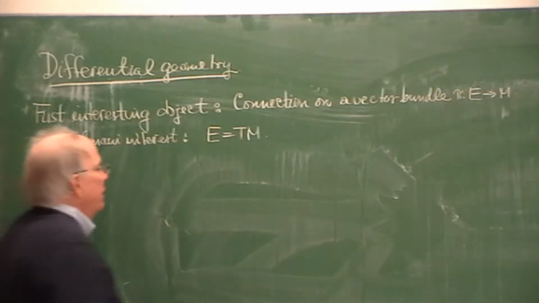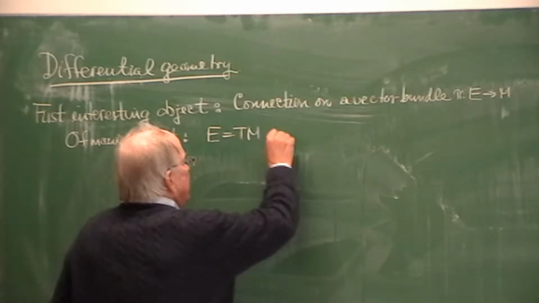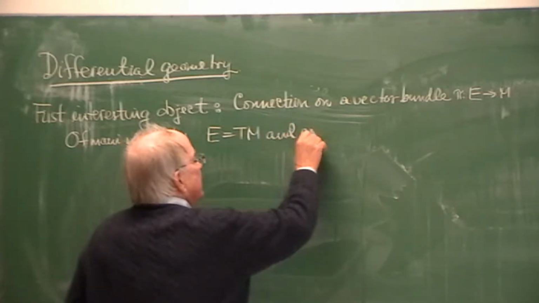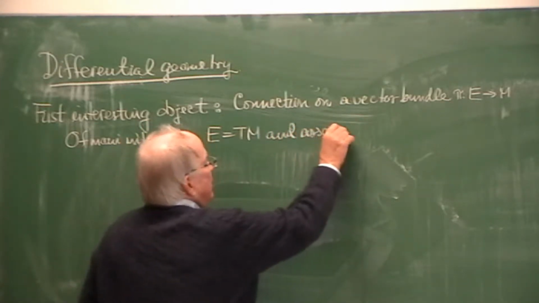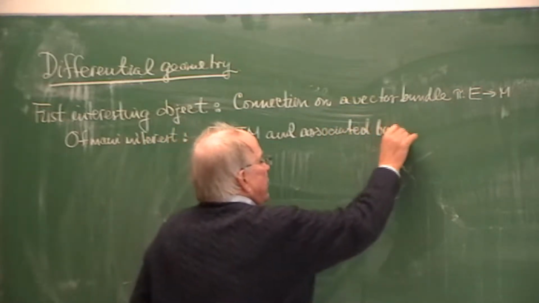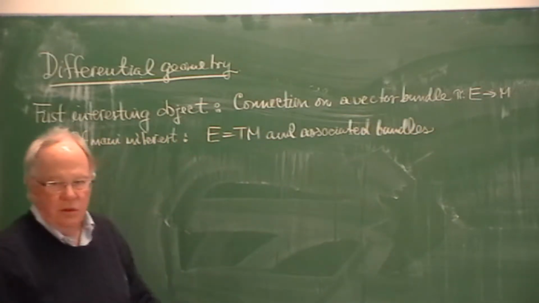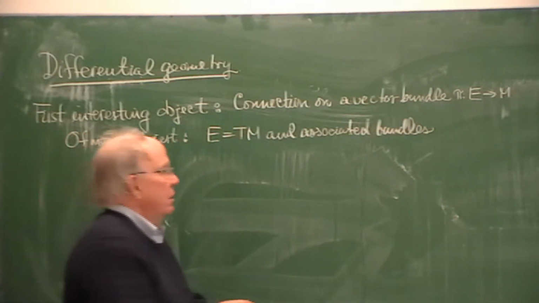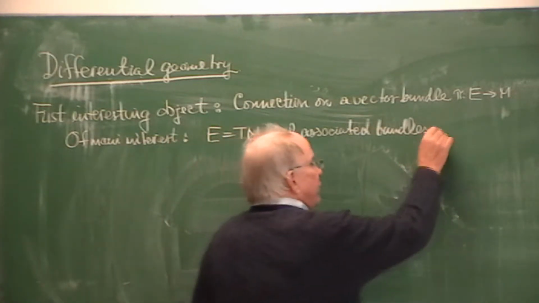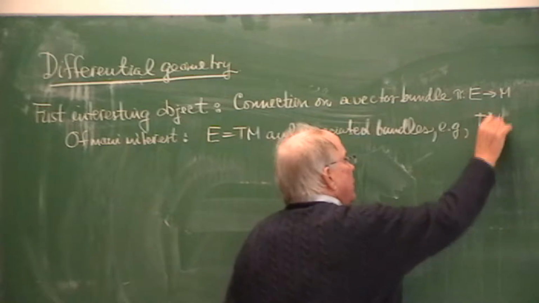And as we will see today, associated bundles to the tangent bundle, what you physicists would call tensor bundles, but just for today, let's talk about the cotangent bundle would be important.